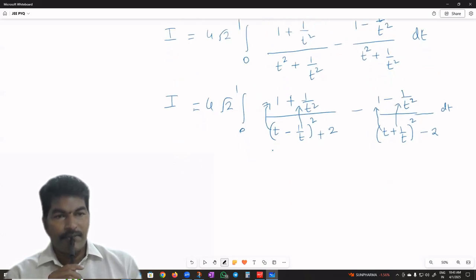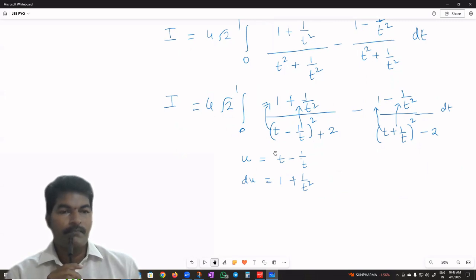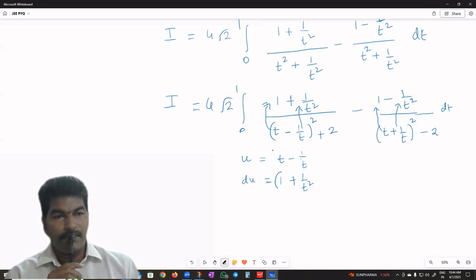So first we will select u. Let u is equal to t minus 1 by t. And du is equal to t derivative 1 plus 1 by t square, and of course dt is also there. And how the limits are changing.